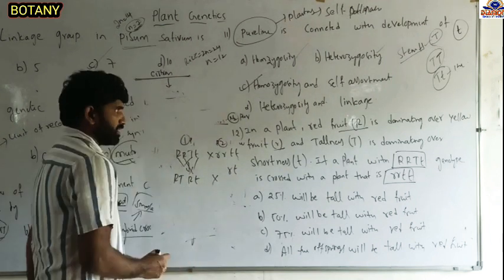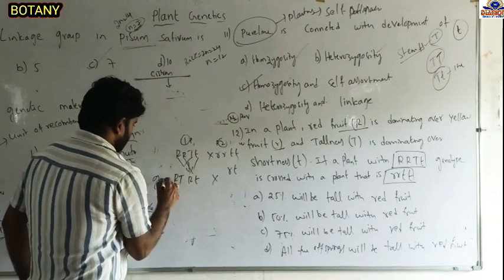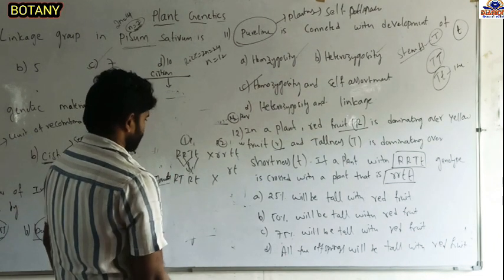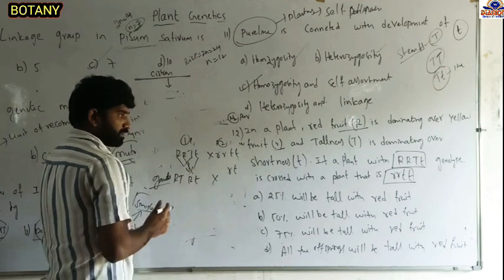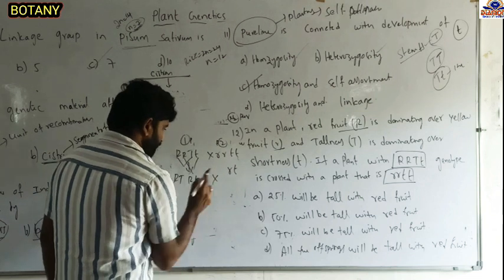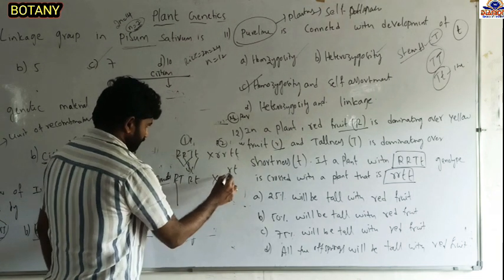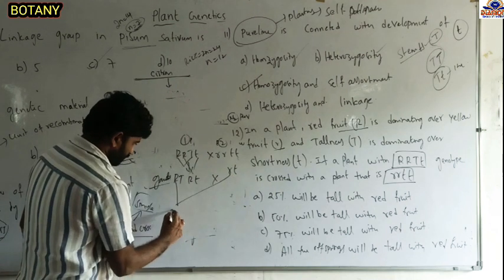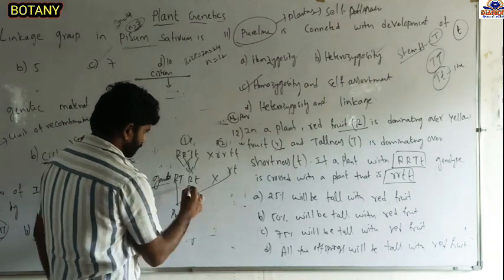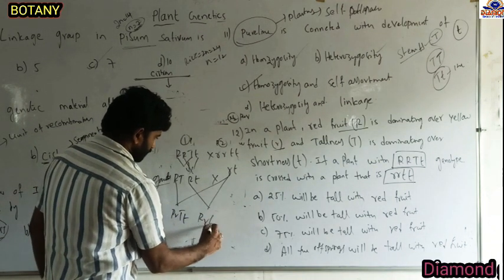Now these are the gametes. We get the F1 generation by making a Punnett square for this, or we can show it directly: capital R, small r, capital T, capital R, small t.